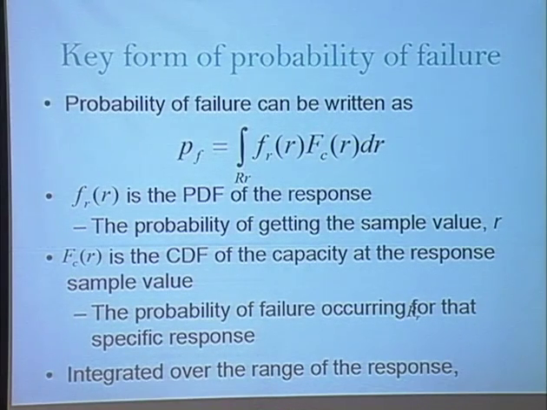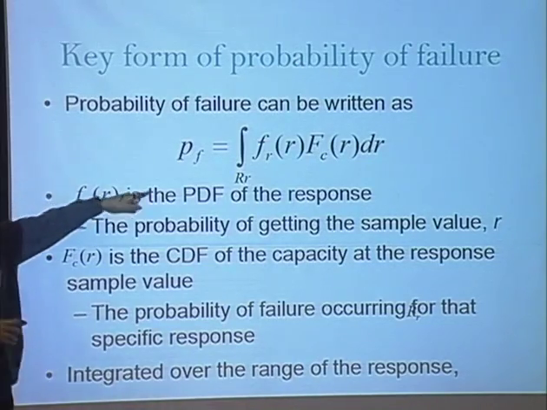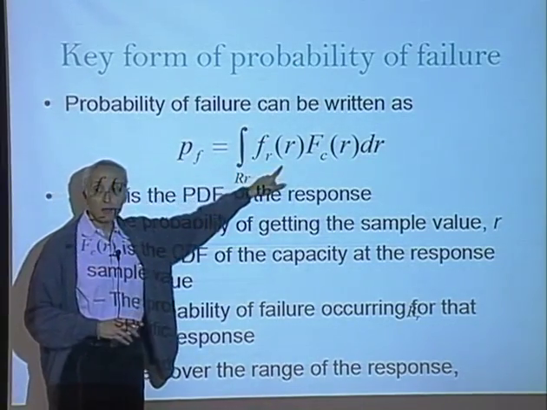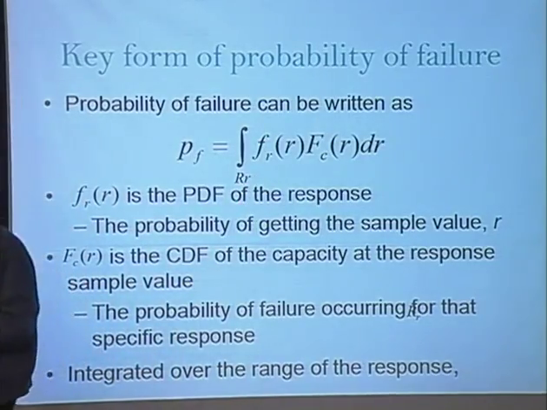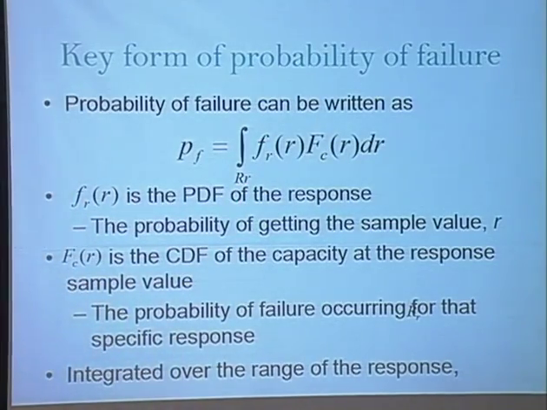It basically says the following. Take any value of the response, calculate the PDF of the response at that value of the response, so this is the f_R of r, multiply it by the CDF of the capacity at the same value of r, and integrate over the entire range of response values. So this is the formula.